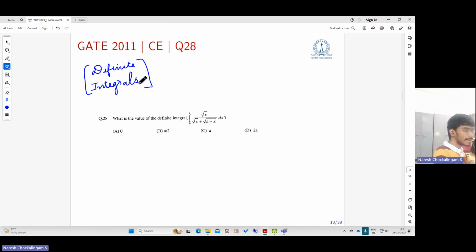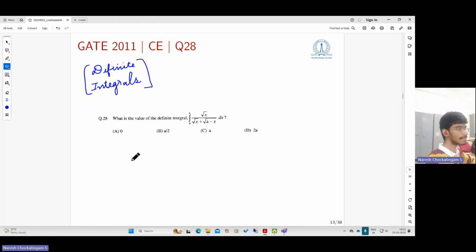The problem seems very difficult at the outset because of the square roots involved, but it is actually simple. It is not difficult. But if you make this an indefinite integral problem, or if we change the limits to something else, then this problem is really difficult. So there is a trick involved in solving the problem. Let us see what it is.